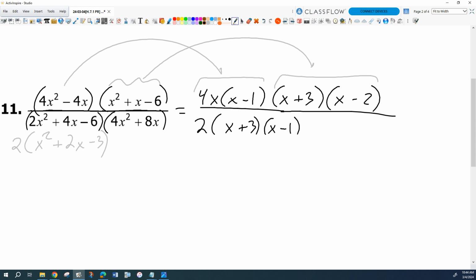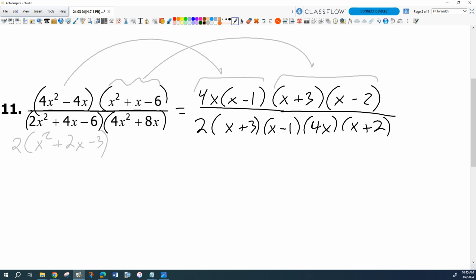Good. Okay, and then finally, how about this one? Pull out 4x, and what's left behind? X plus 2. Okay, I like it. Everybody agree? Everybody see that? Okay, so now we've got this thing completely factored.